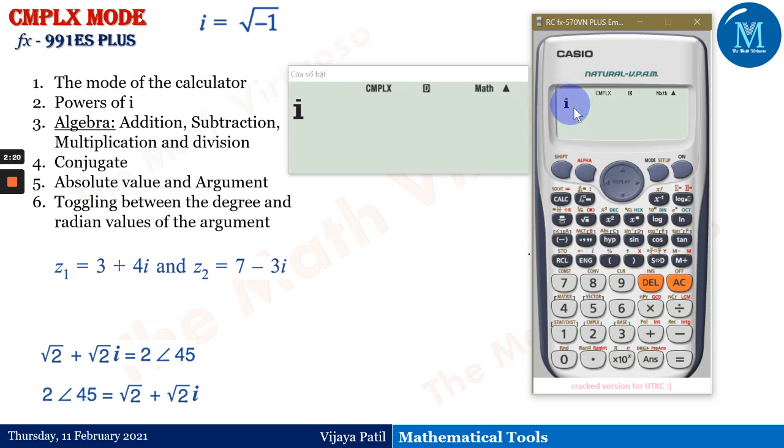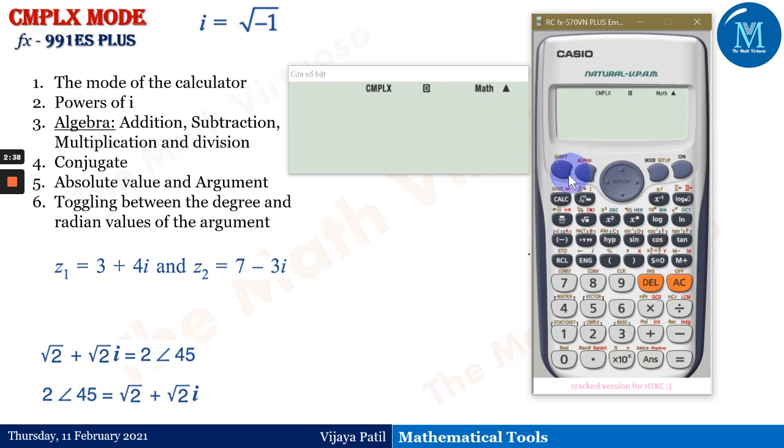Now I have to find the powers of i. Powers of i work the same way as for normal numbers, like 5 square, 6 square, and so on. All the buttons work in this mode also. If I press x square, that is i squared, which is equal to minus 1, right?